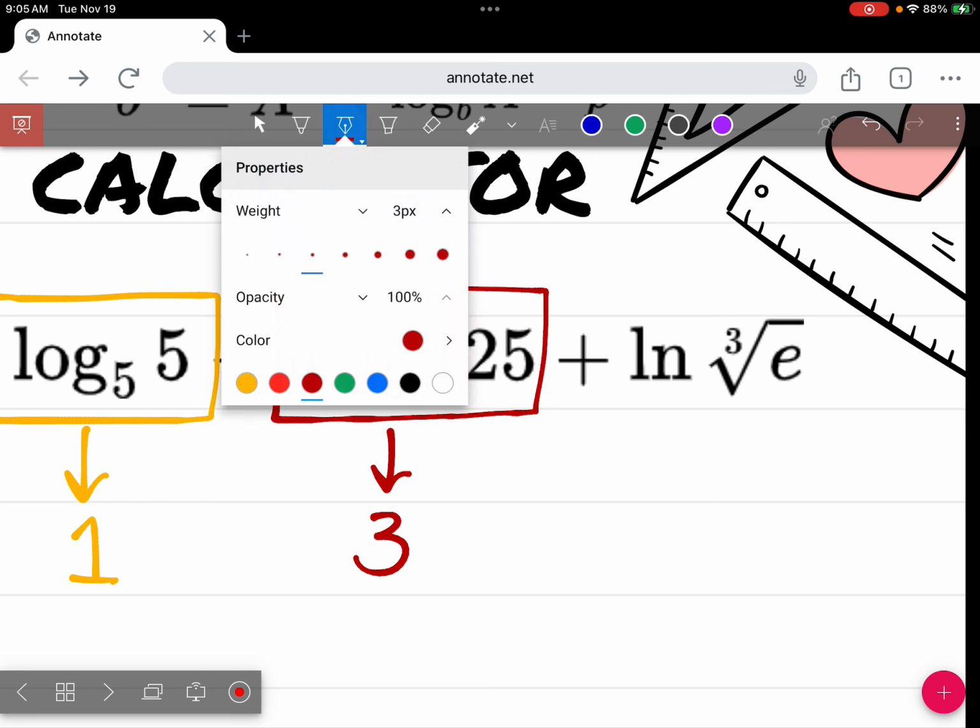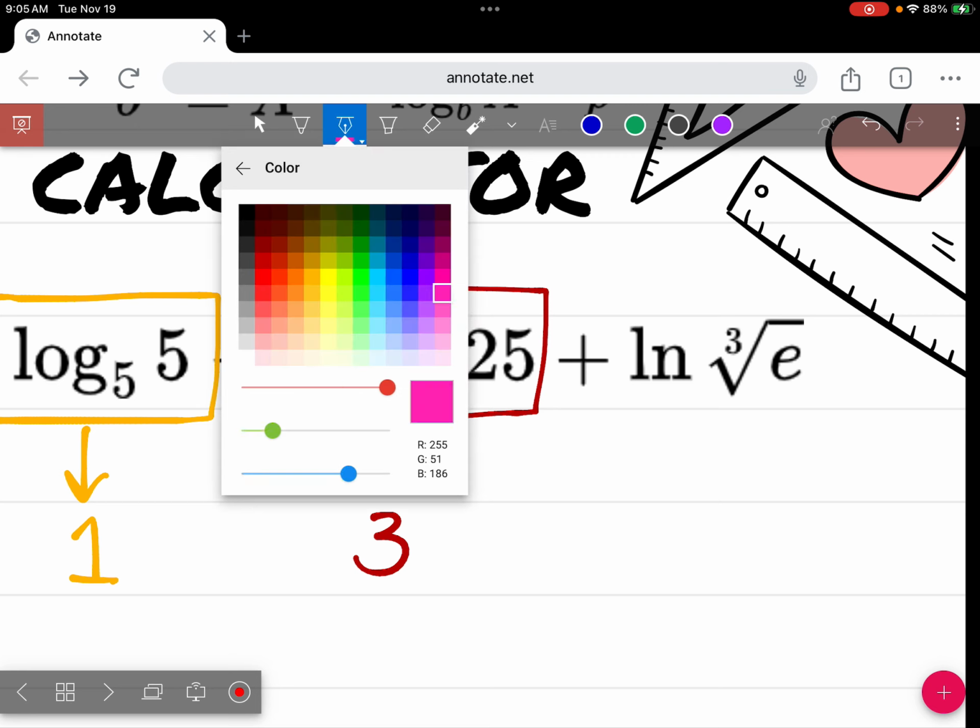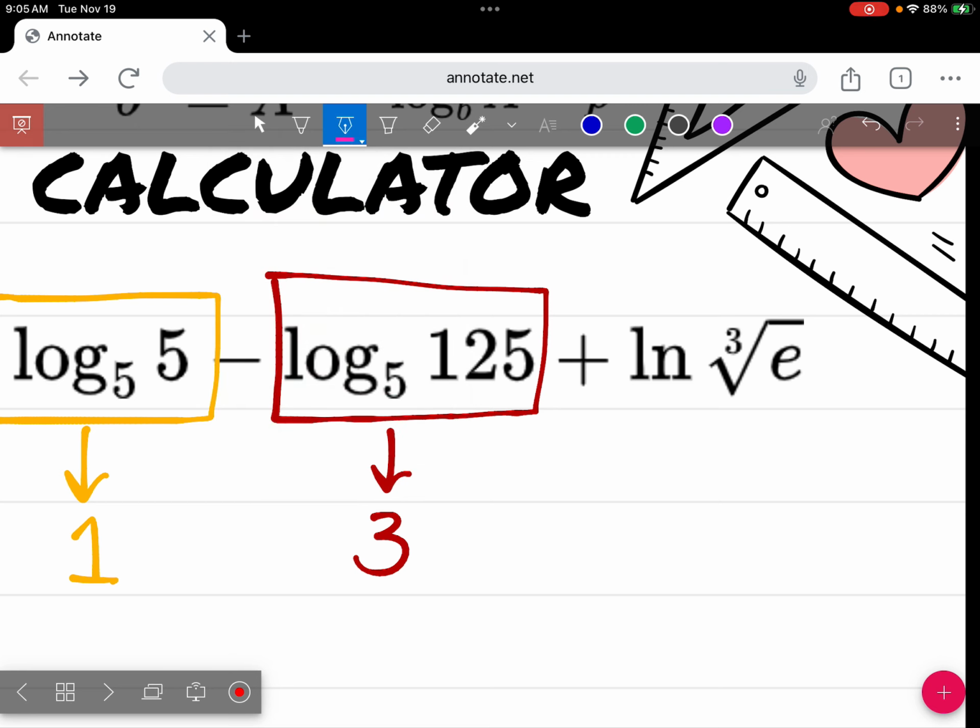Last one's probably the trickiest one. We've got the natural log of the cube root of e. So this is the same thing as saying log base e. How can I put the cube root of e as an exponent? e to the 1/3.